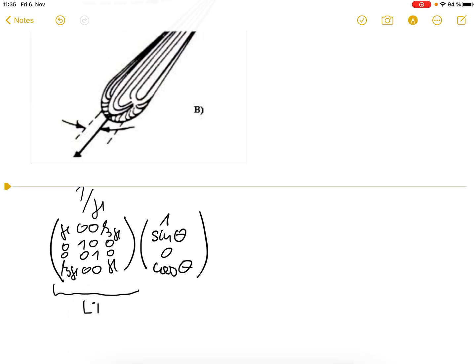That's the Lorentz transformation. That is the direction of the photon. And this becomes sine theta, which doesn't change.